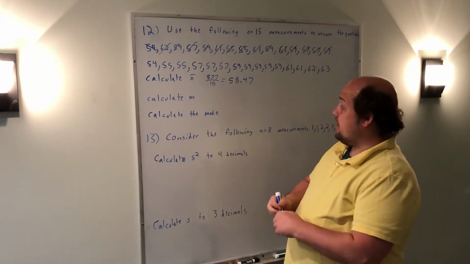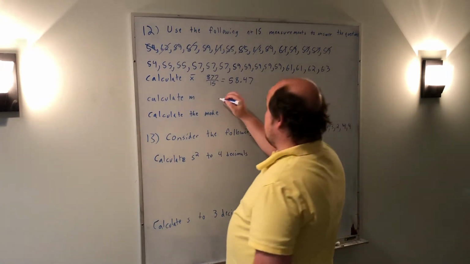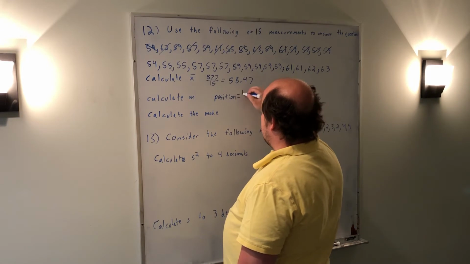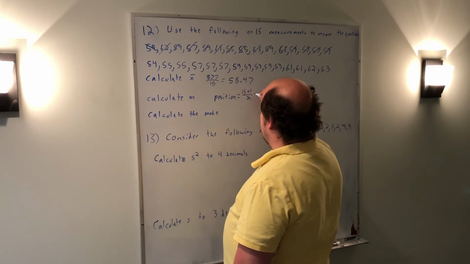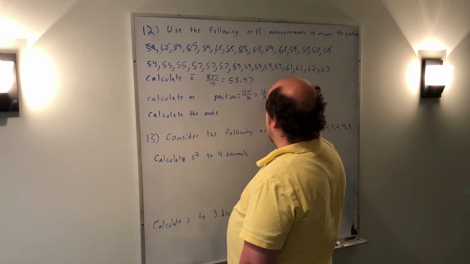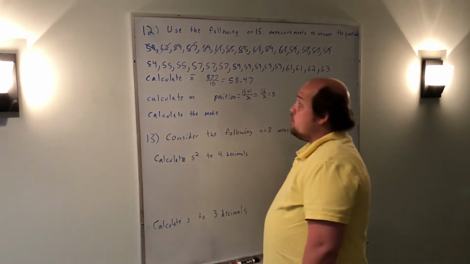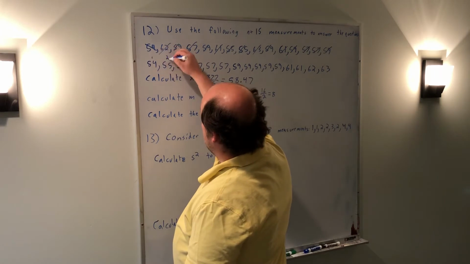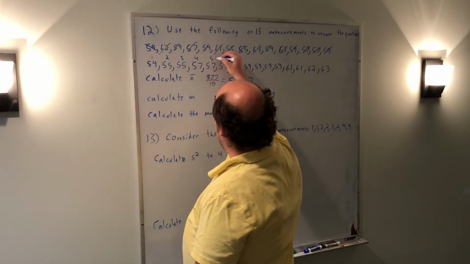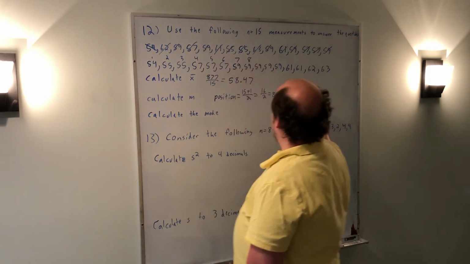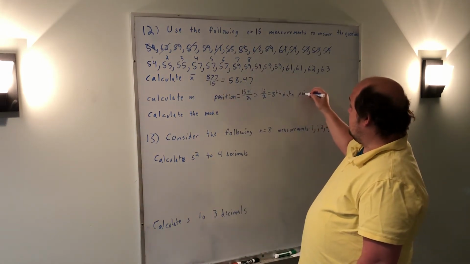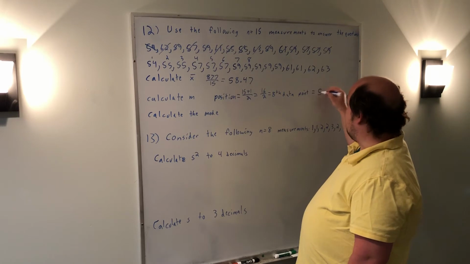When I go to calculate the median, I start with the position function. The position equals n, in this case 15, plus 1 divided by 2. That's 16 divided by 2, or 8. So I'm looking for the 8th data point in the ordered list. 1, 2, 3, 4, 5, 6, 7, 8. 8th data point equals 59.